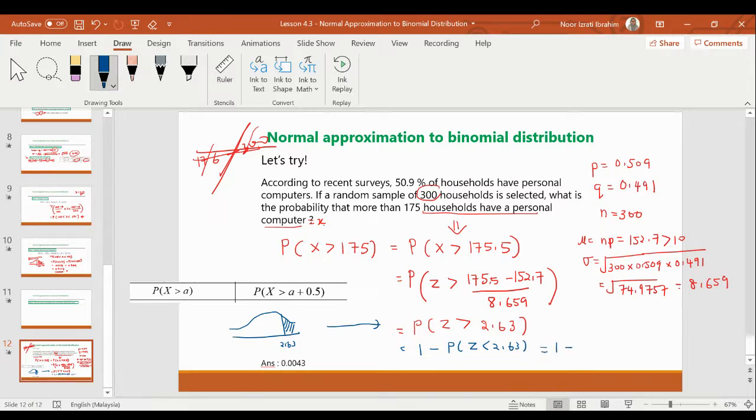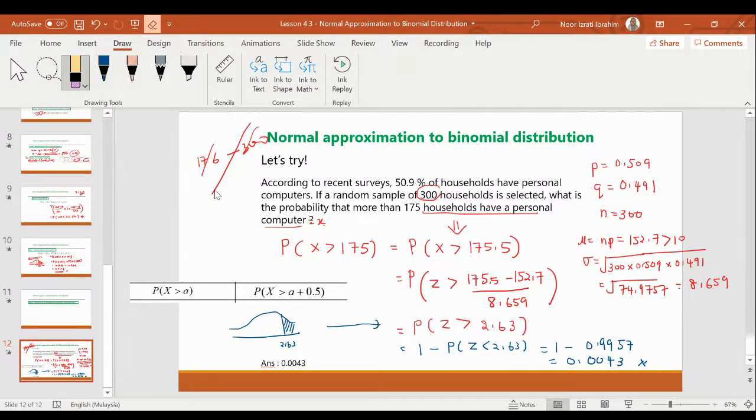From the table, for the probability when z is less than 2.63, we refer to row 2.6 and column 0.03. It is 0.9957. So 1 minus 0.9957, that's how we get 0.0043 as the answer.